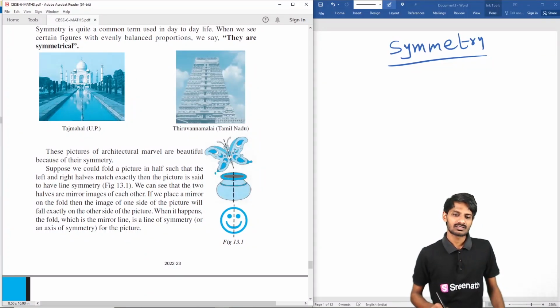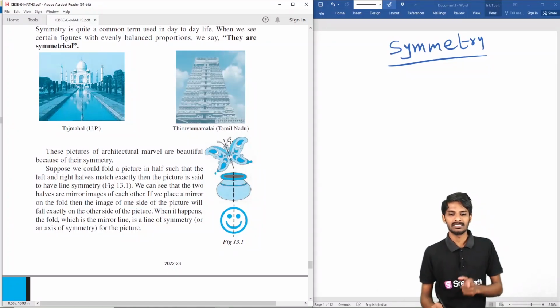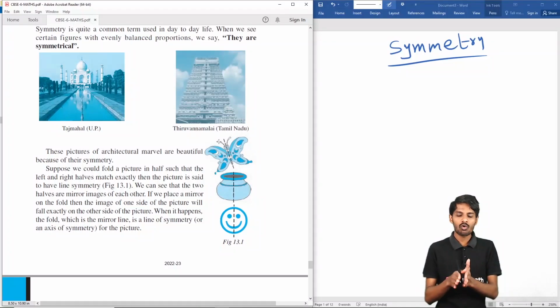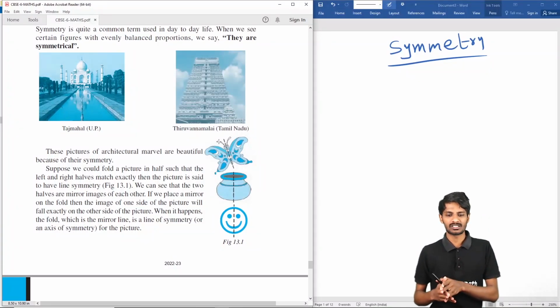Next, see this toy, it is a butterfly, I think you know. There is a dotted line here. If you fold this picture along the dotted line, both sides of the dotted line are the same. If you fold them exactly, the left side picture will match the right side picture.